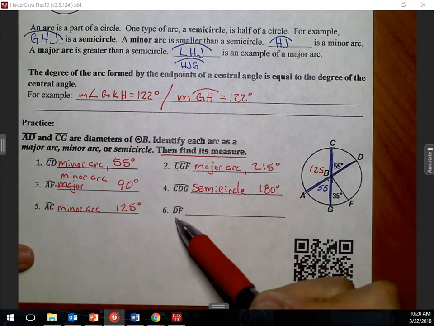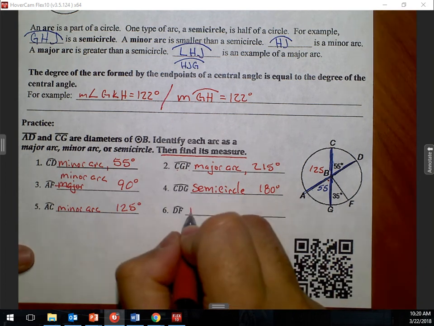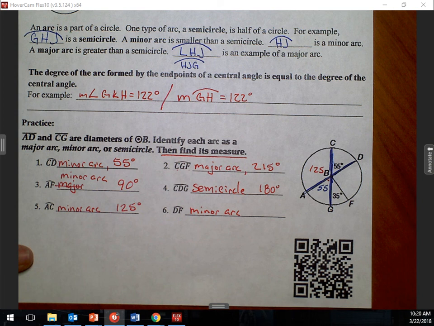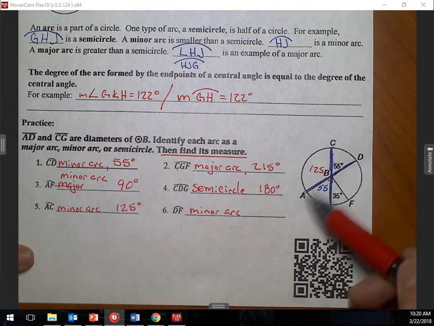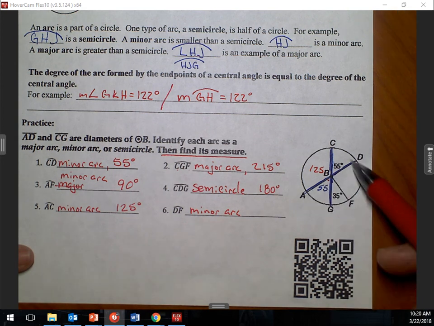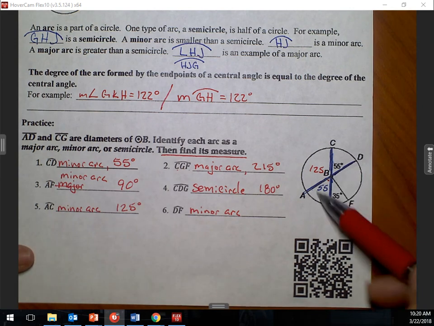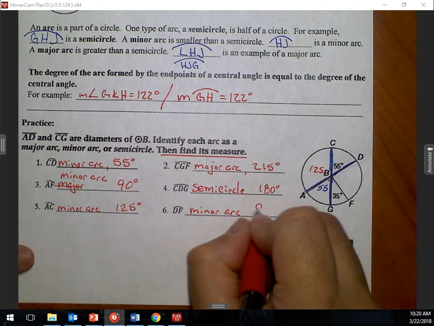And my last one is DF, minor arc. It's 90 degrees. We said that AD is a diameter, so that's 180 from there to there. So it's 180 minus these two. So it leaves me with 90. Very good.